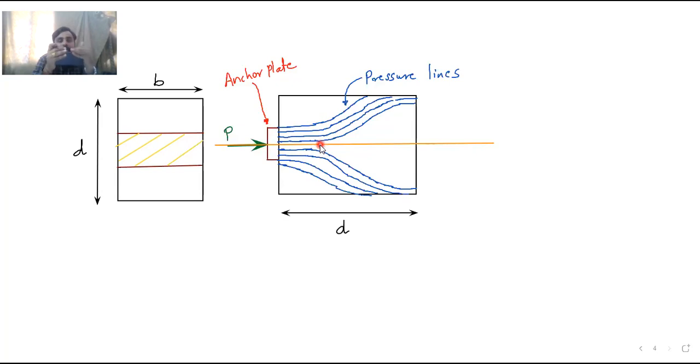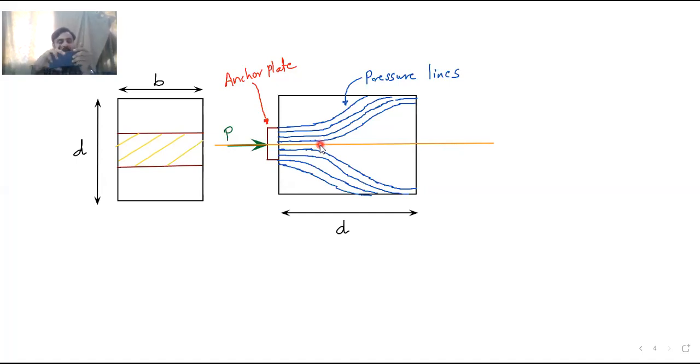And if we don't design our beam properly, there will be a chance of splitting of the tension reinforcement. Whatever place you have allocated for the reinforcement, it will not fit into that place because of these high compressive stresses.